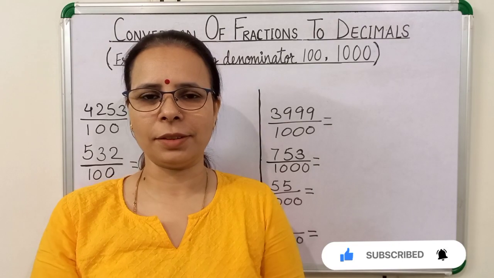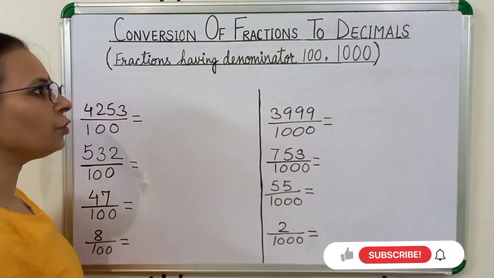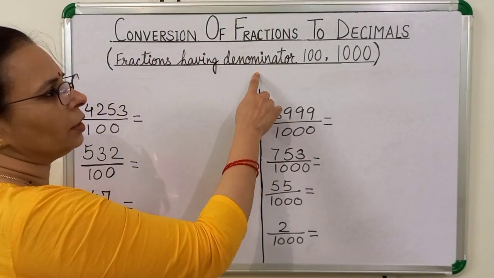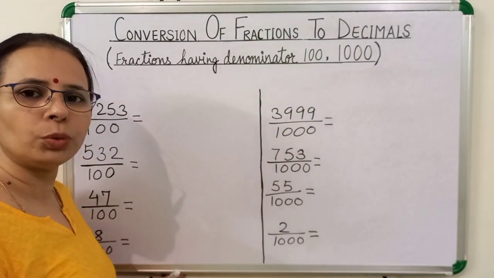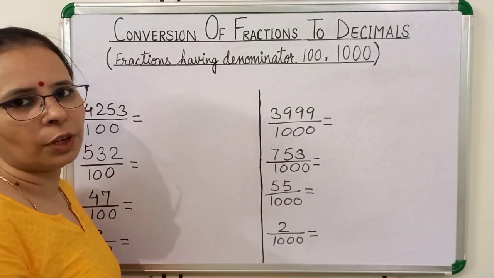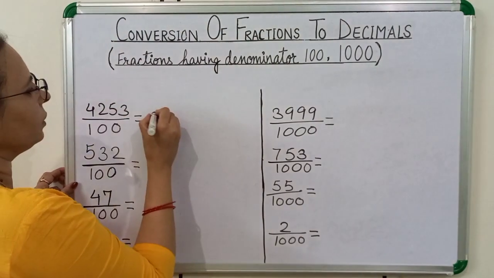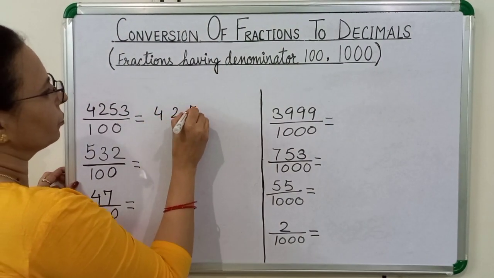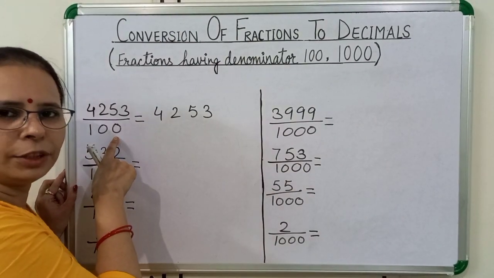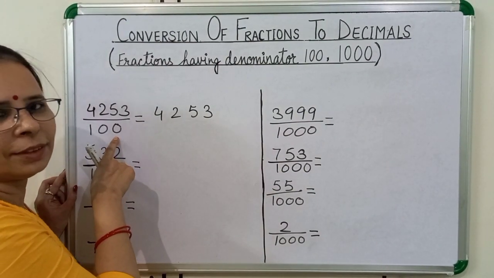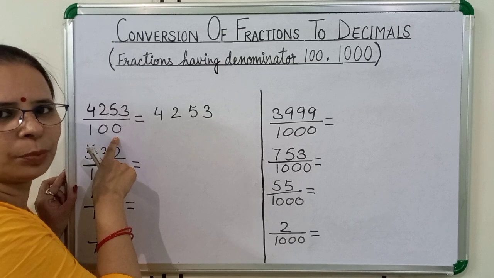Now let's get started. To convert such fractions whose denominator is 100, 1000, 10,000 and so on to decimals, first we will write numerator as it is. Then we will see how many zeros are there in denominator because it tells us number of decimal places.